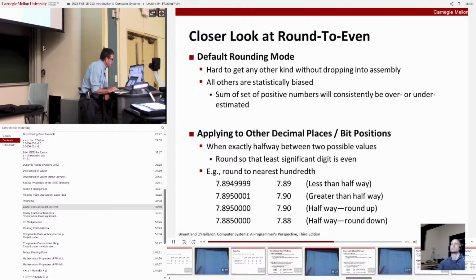The nearest hundredth is this second position. First we have tenths, then hundredths.